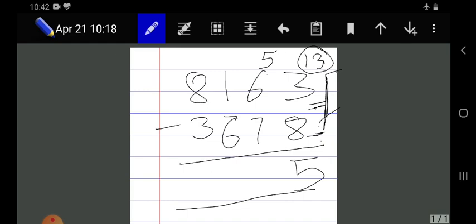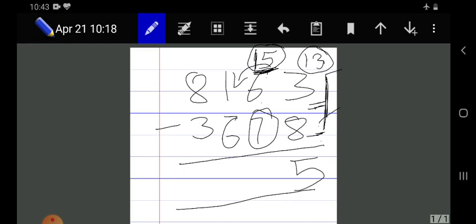Now 6 has become 5, and we have to subtract 7. Can we subtract 7 from 5? No. That means it also needs to carry from the previous number, that is 1, and it will become 15. We always put the carry in front; we will not add, we will just put 1 in front of the number.